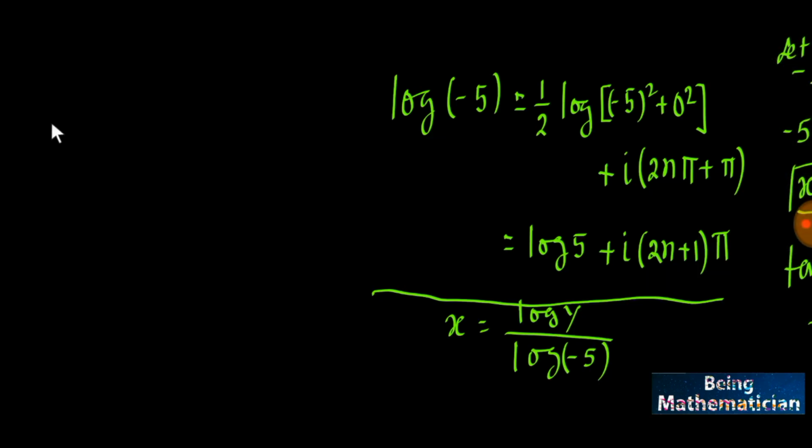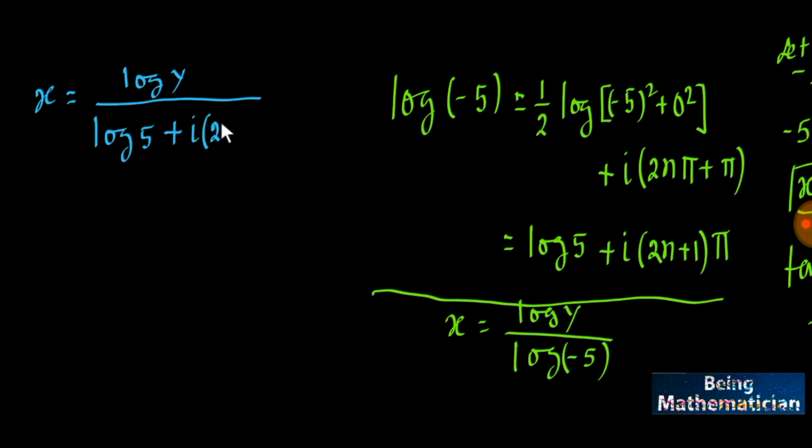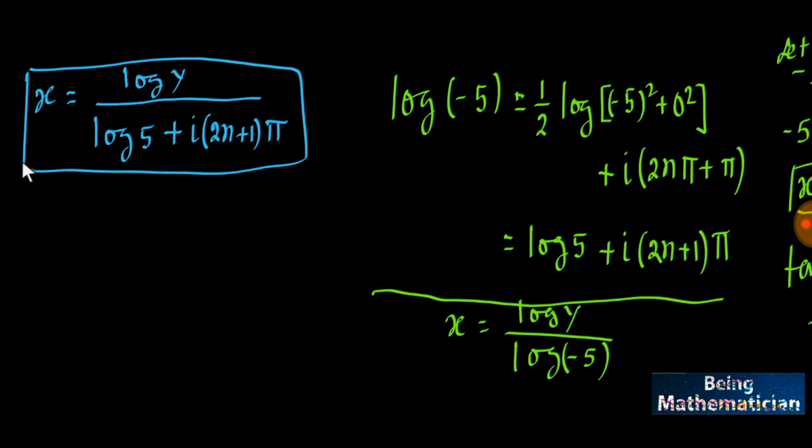Putting this value, we get x equal to log y divided by log 5 plus i into (2n plus 1) into pi. Now let's verify the integral table by this equation.